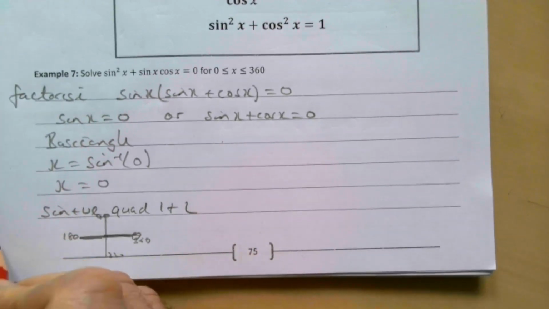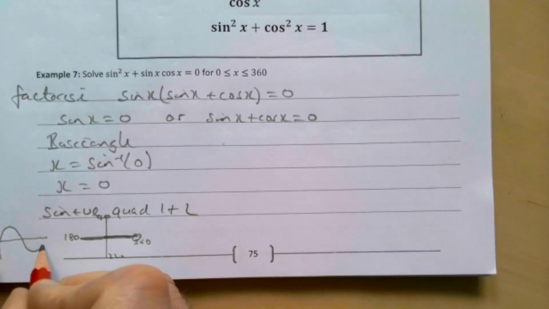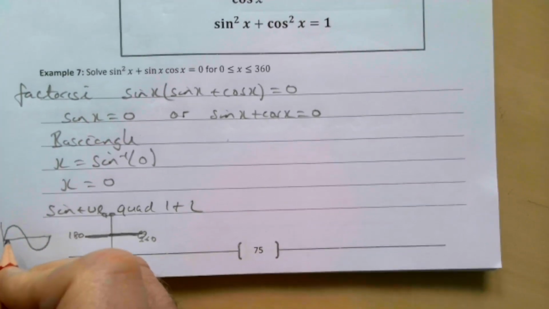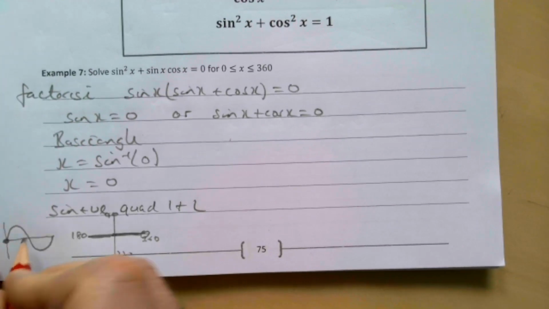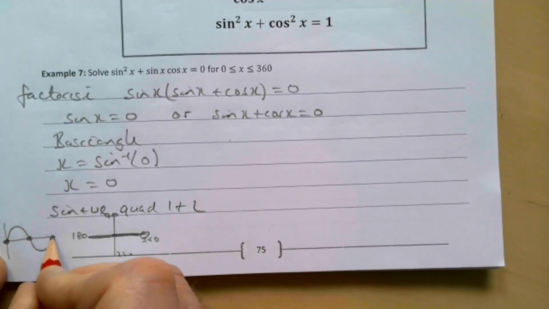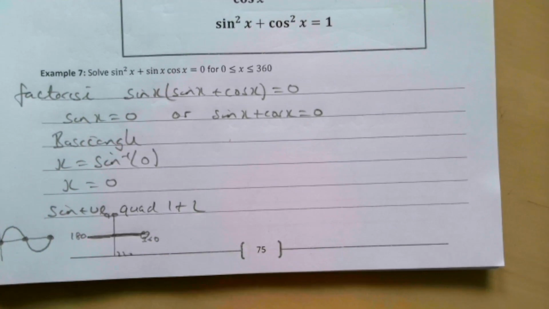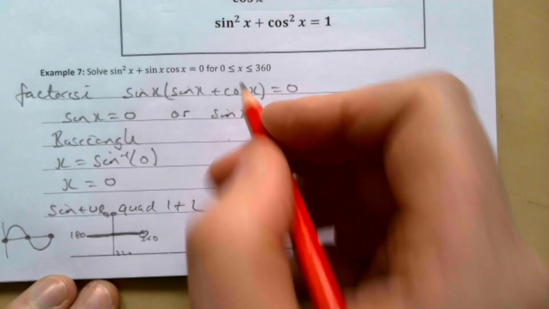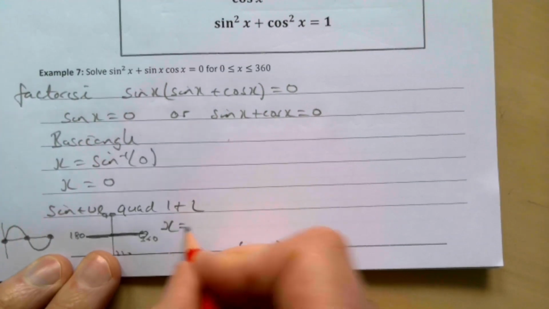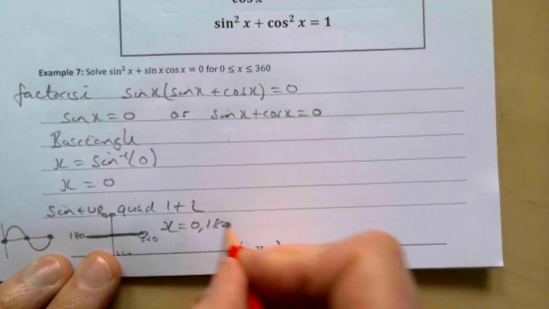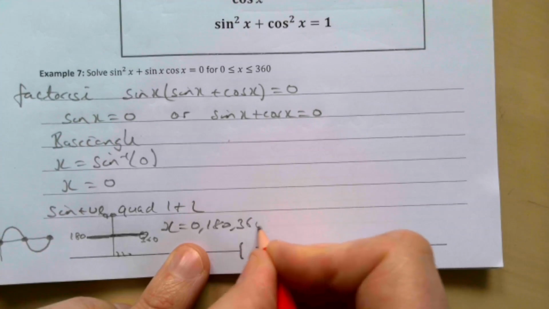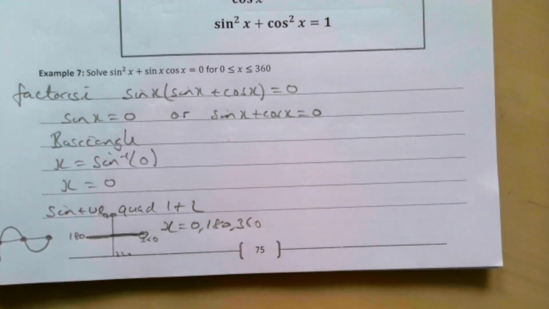We're going very, very small here, but where is it 0 between 0 and 360? It's 0 in 3 places. It's going to be 0 here, and here at 180, and here as well. And so that gives us x is 0, 180, and 360.